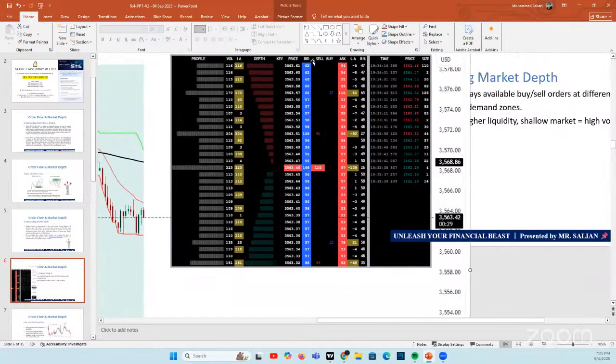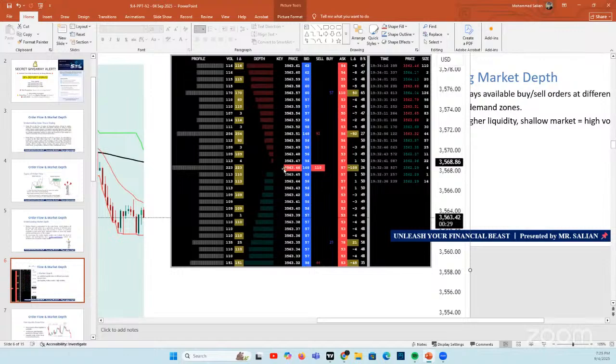You can see the sell and buy columns here. There's a sell, there's a buy. At this time, the price was 3563. It's going to be highlighted. These are the depth of the sellers, and this is the depth of the buyers.